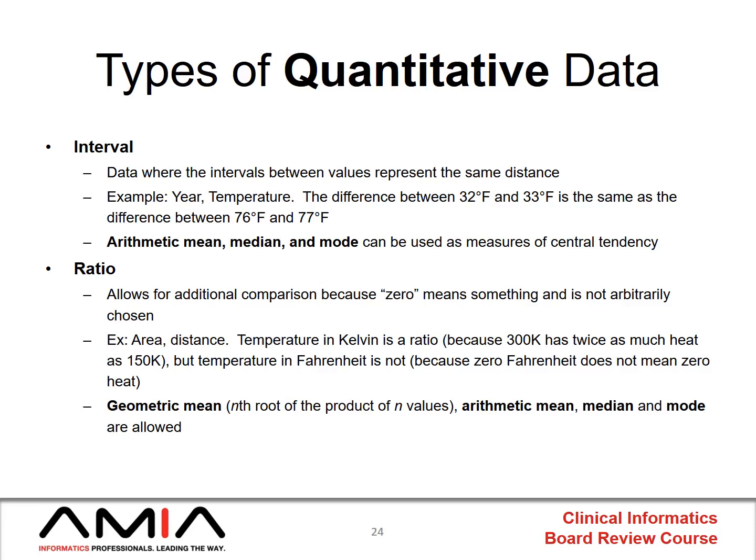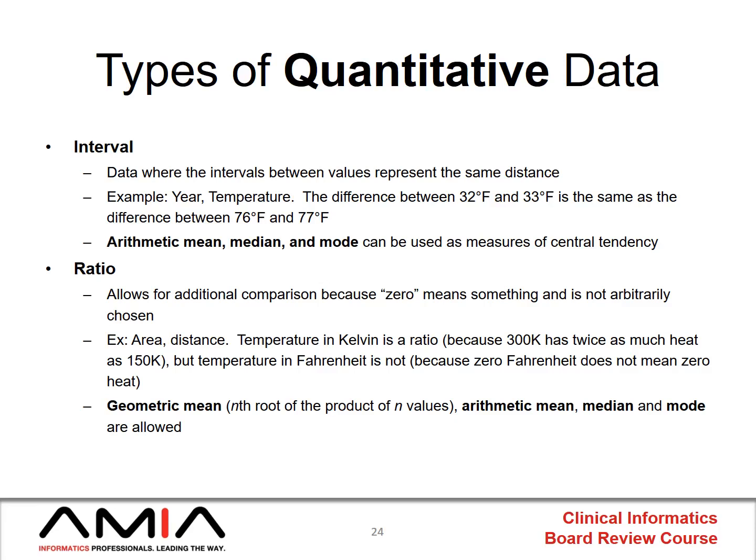One type of data that's slightly more rigorous than interval data is ratio data. The key difference here is that with ratio data, 0 means something, and it's not arbitrarily chosen. Think about the difference between the Fahrenheit scale and the Kelvin scale. If you remember from chemistry and physics, 0 Kelvin actually means absolute zero.